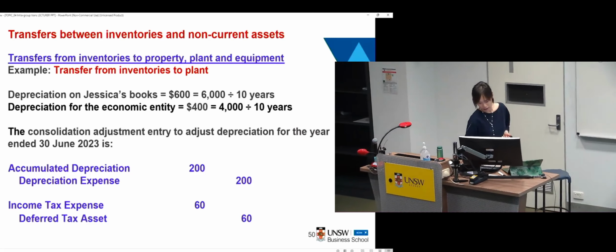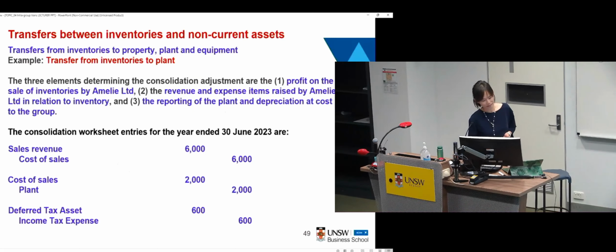So prior year adjustment, right, of the revenue, cost of sale, ITE, all close to retained earnings.